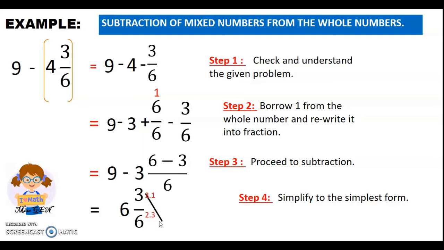Cancel out the common factors, and the remaining factors will be our fraction. So it is 6 and 1 over 2, because our remaining fraction here is 1 as our numerator and 2 as our denominator. And our whole number is 6. So this is our final answer.